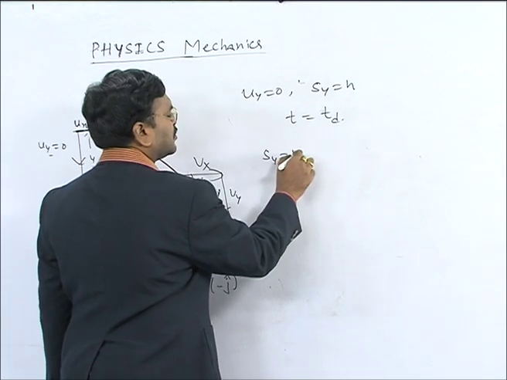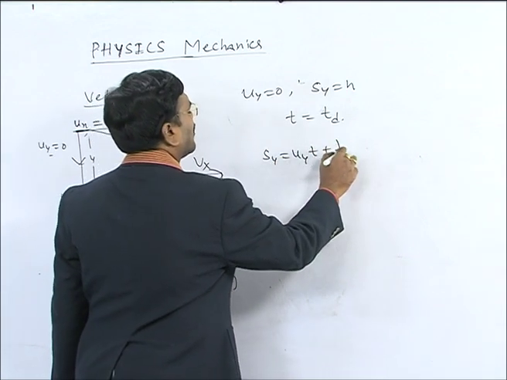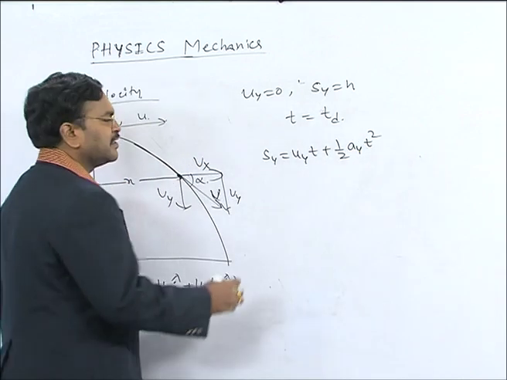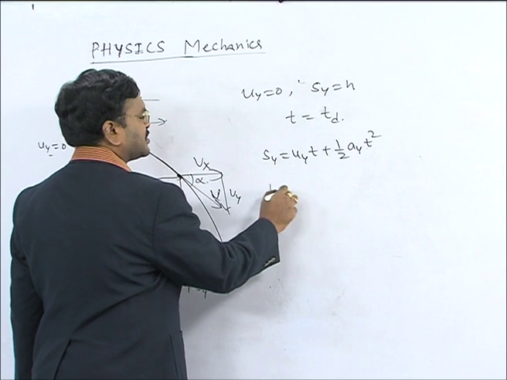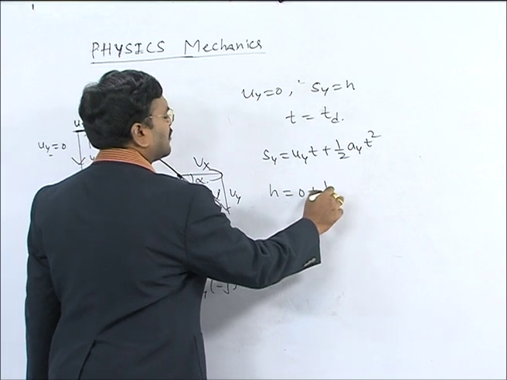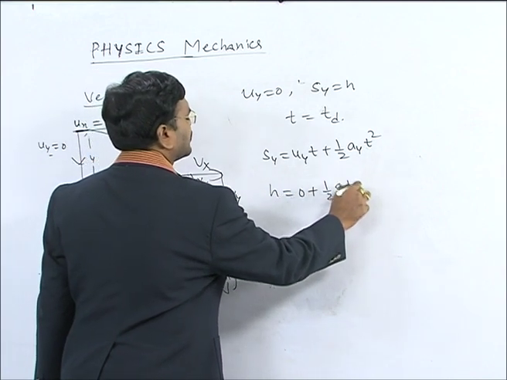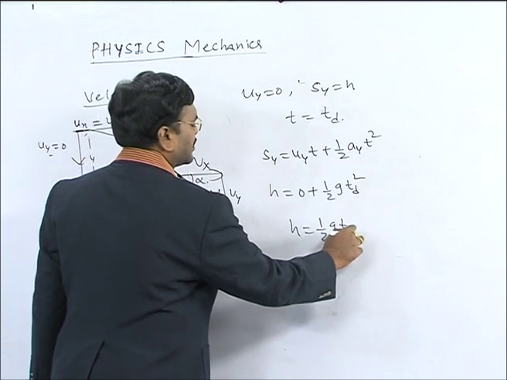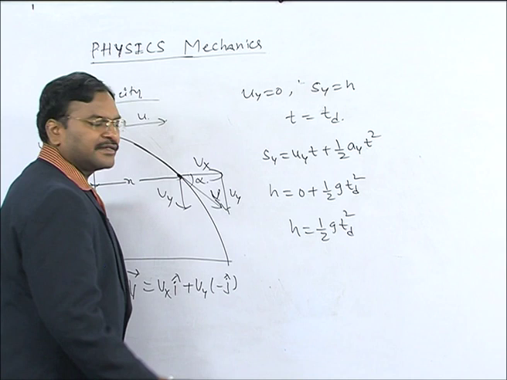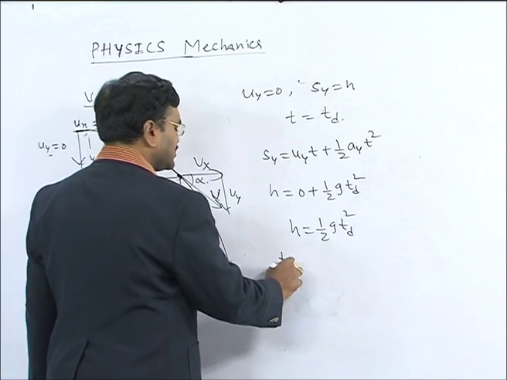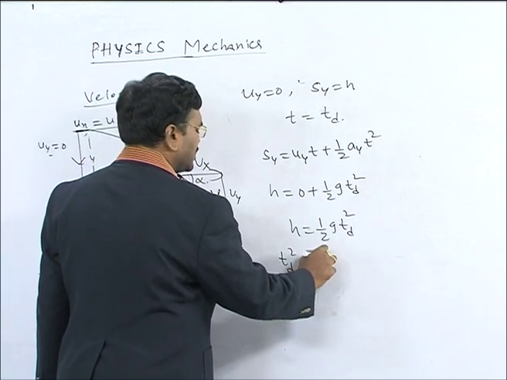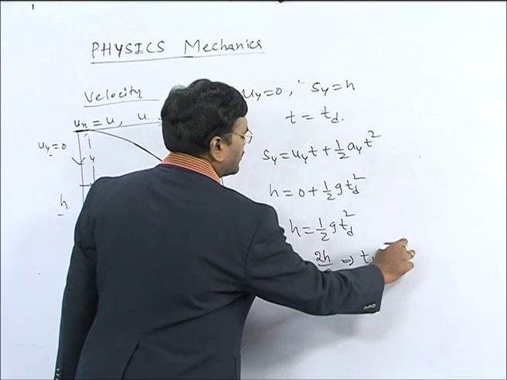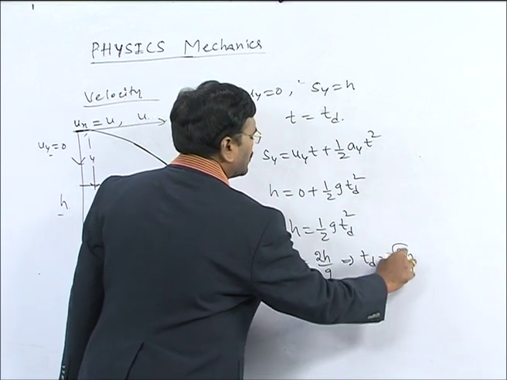Sy is equal to Uy into T plus half of Ay into T square. From this, Sy is H, Uy is 0, Ay is G, so H is equal to half of G Td square. From this Td square is equal to 2h by G. Now Td is equal to root of 2h by G.